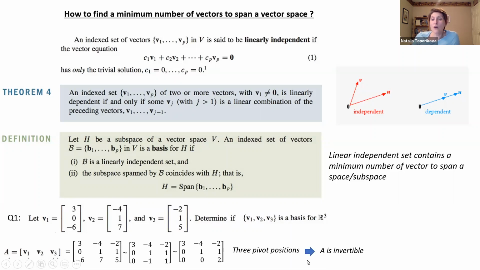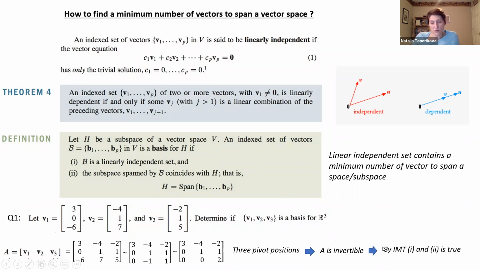because we know that such a matrix is definitely invertible. Then we can use the invertible matrix theorem, which tells us that for an invertible matrix, the column vectors form a linearly independent set, which gives us property 1 in the definition.